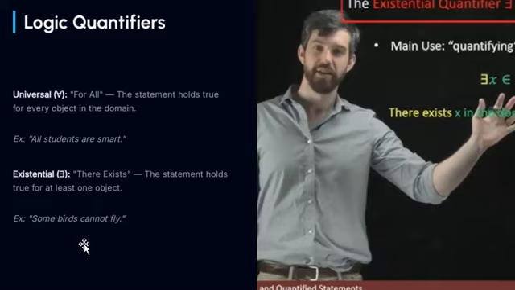For universal, we use this symbol, for all, and for existential, we use this symbol, there exists. The universal statement holds true for every object in the domain, like all students are smart. And the existential statement holds true for at least one object, like some birds can fly, and not all birds can fly.